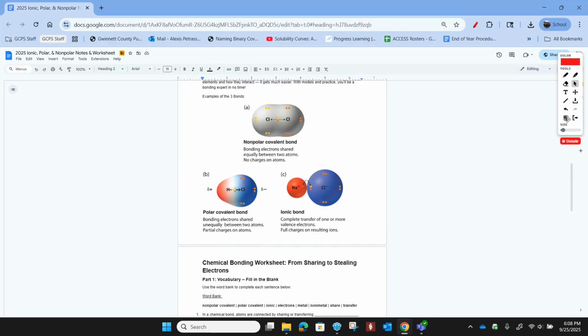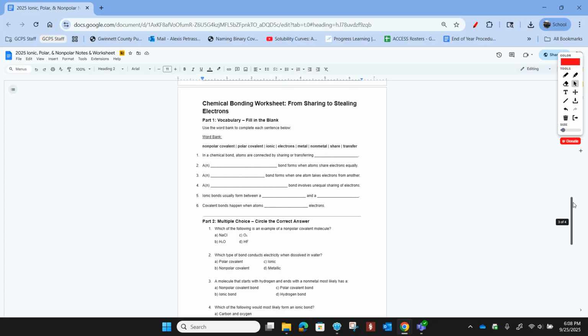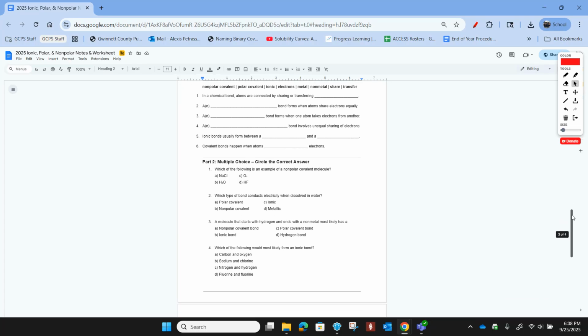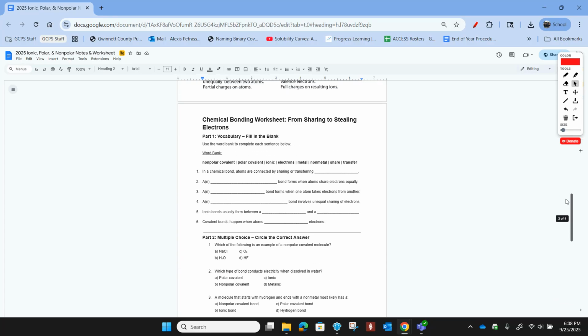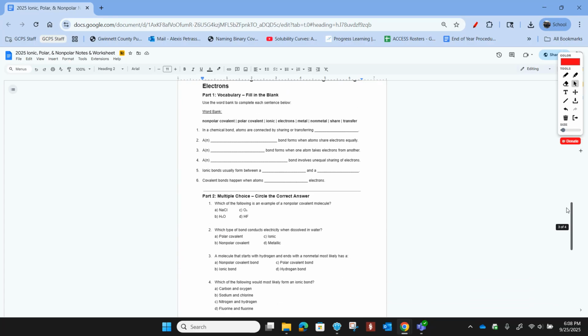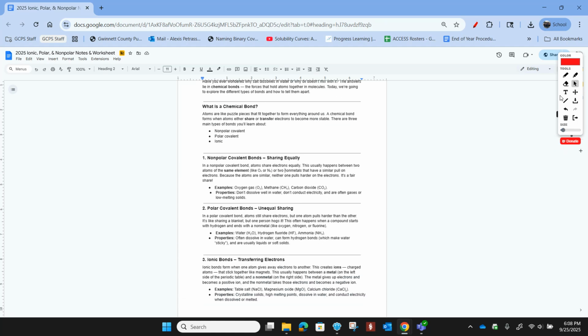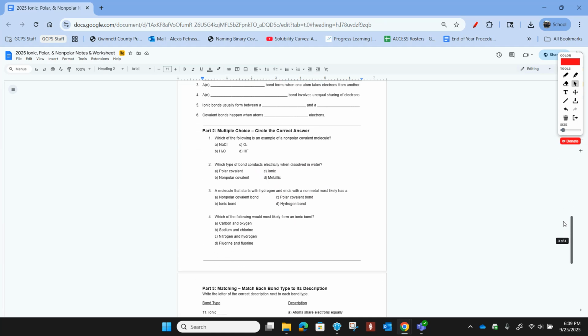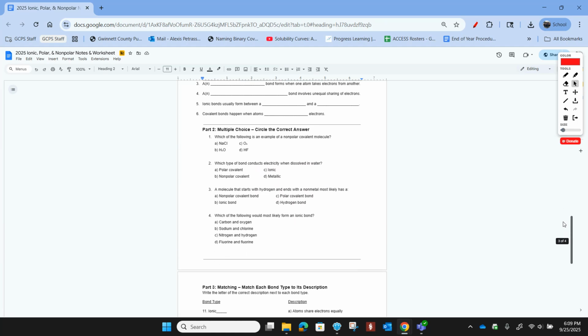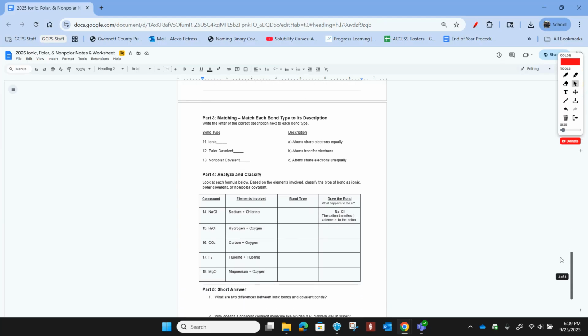So you have this worksheet to complete using the notes. You guys can do part 1, which is just filling in vocab using these notes. Part 2, which is answering these questions. Use your periodic table, use the notes. It's multiple choice.